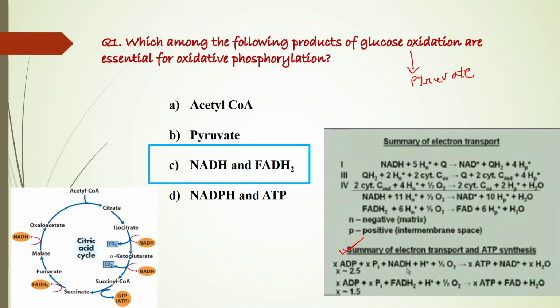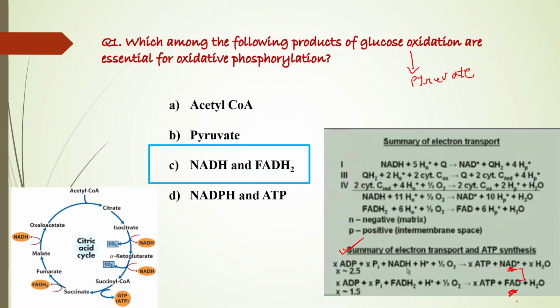Now if you remember the process of oxidative phosphorylation, this is the overall process, where from ADP you are getting ATP, and meanwhile this NADH or FADH2 gets oxidized to NAD plus and FAD. So in oxidative phosphorylation, we end up with the oxidized forms NAD plus and FAD.